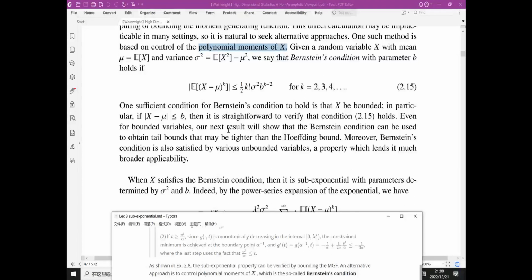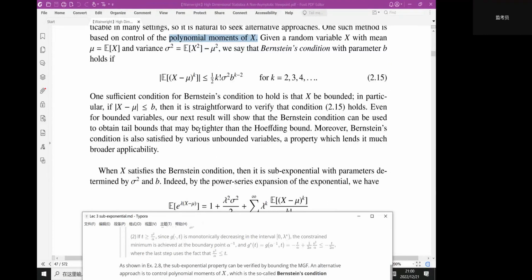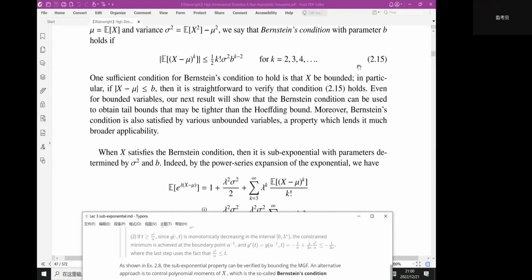And let me see. But this condition holds for more circumstances than these bounded variables.